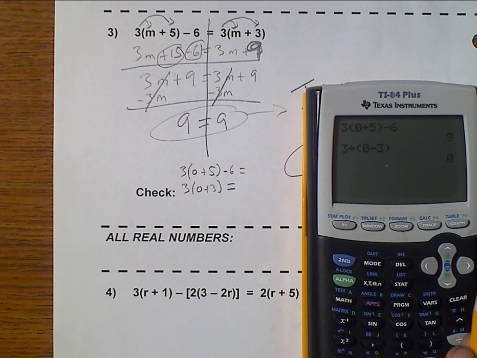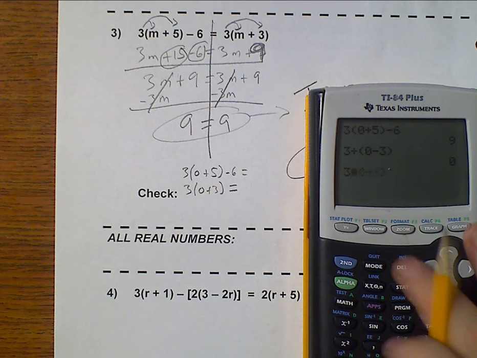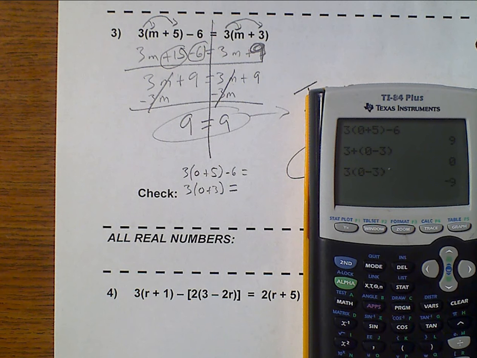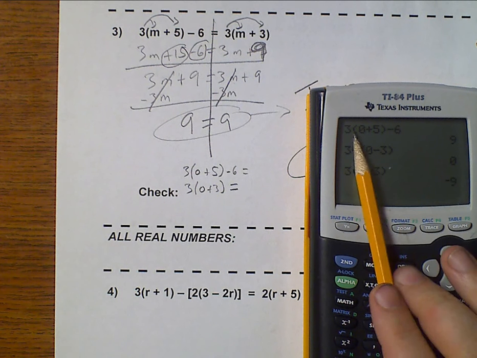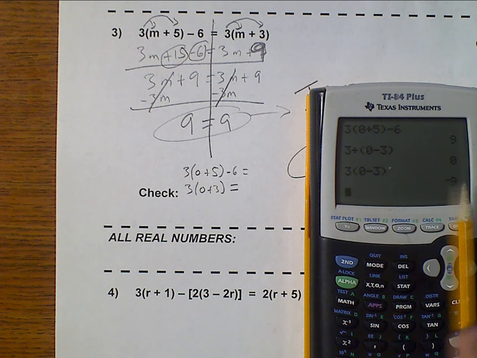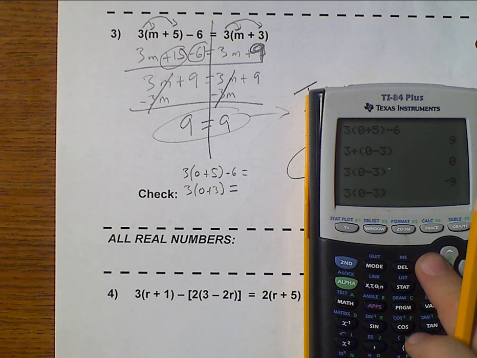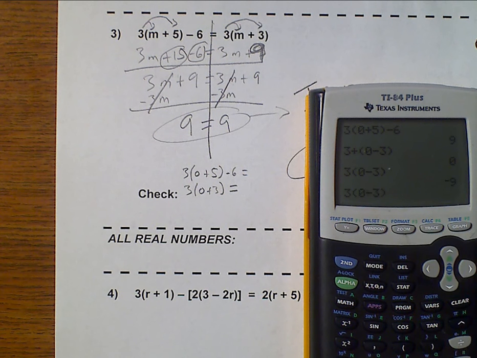Oh, hold on. Got that second one wrong. Okay, so 3 times 0 plus 5 minus 6 is 9, and 3 times 0 plus 3 also equals 9.